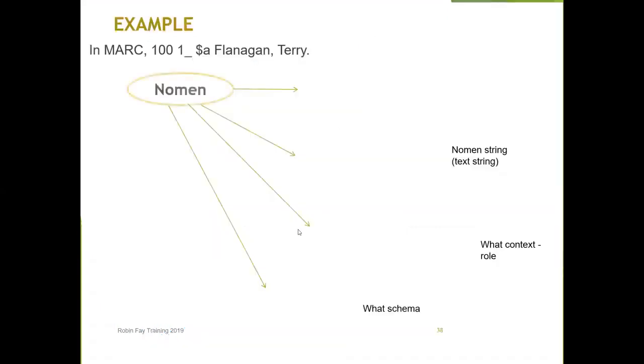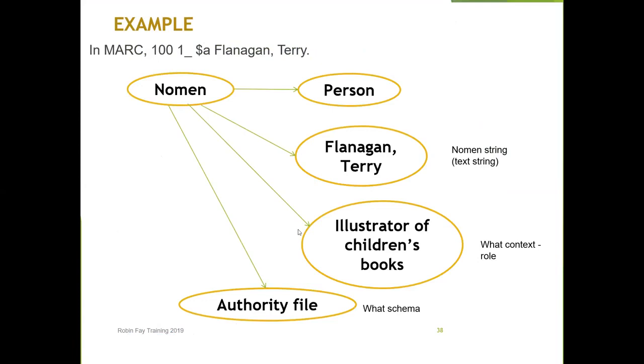So here's an example. We're going to look at two of them. We're looking at Gnomon to a person. So what is the relationship between a person and what they're called? We have some examples here. We have Flanagan Terry. That would be a text string. That's what this person's called, but this is how we would express it in an authority record.